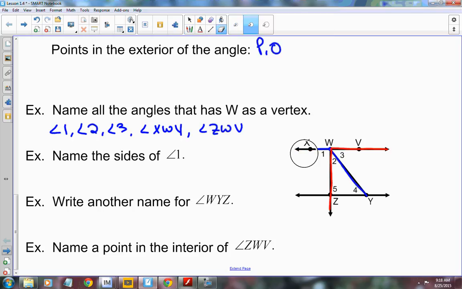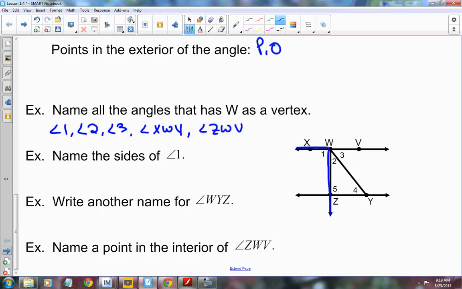Okay, next question. Name the sides of angle 1. So this is what we're talking about, angle 1 right here. What are the sides of it? Well, X and Z are points that lie on the sides. But remember, what makes up the sides of your angle?